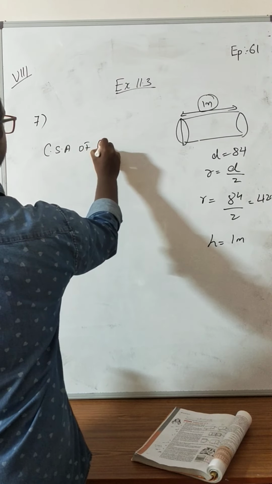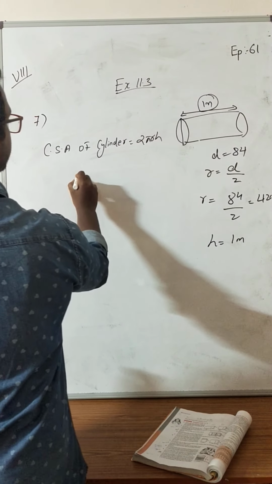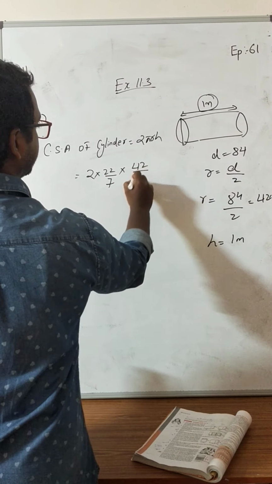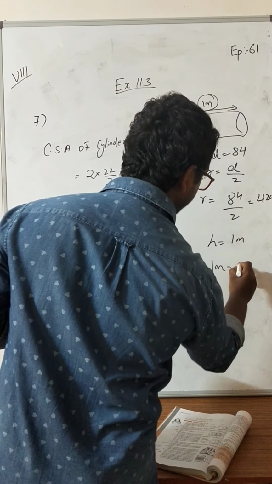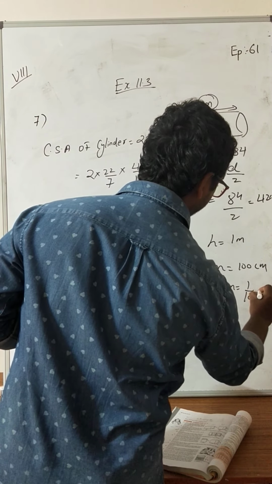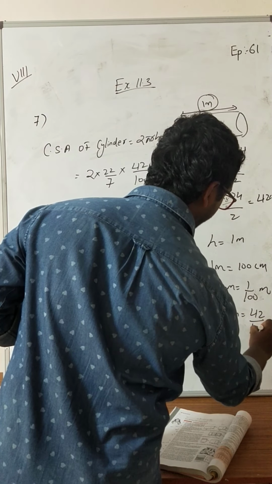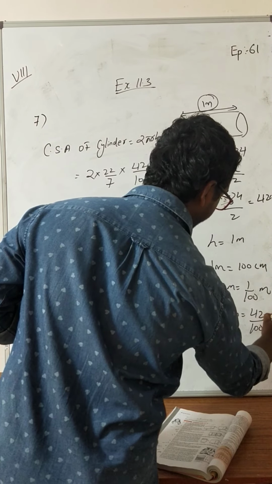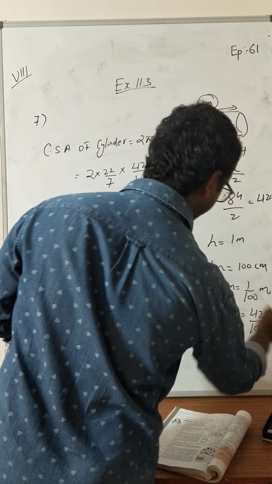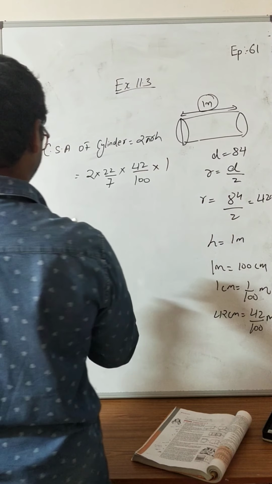Curved surface area of cylinder is equal to 2 pi rh is equal to 2 into 22 by 7 into radius, 42 by 100. 1 meter is equal to 100 centimeter. 1 centimeter is 1 by 100 meter. 42 centimeter is 42 by 100 meter, into height, which is 1 meter.